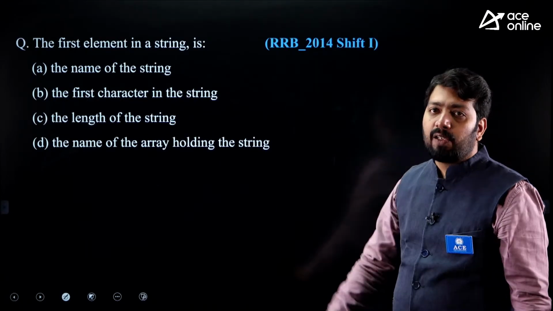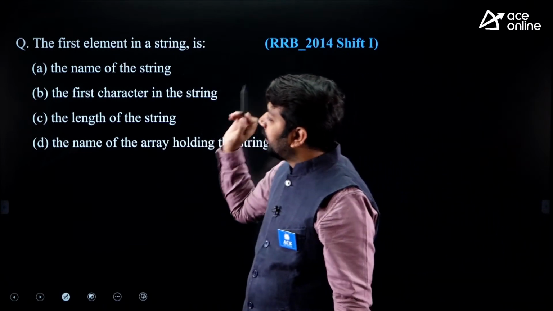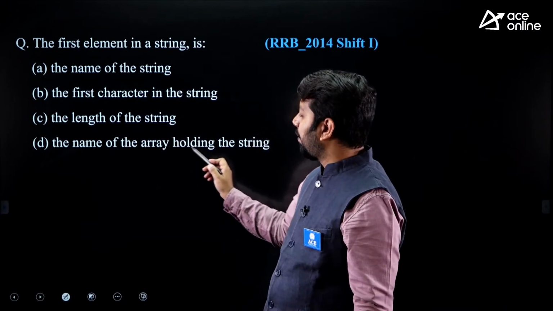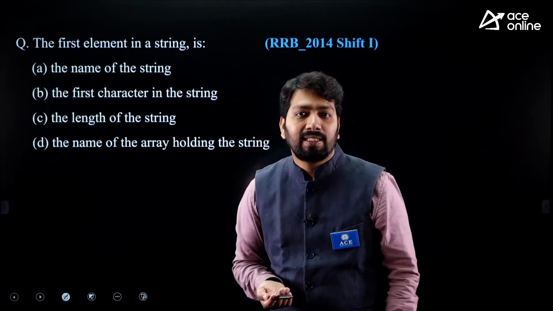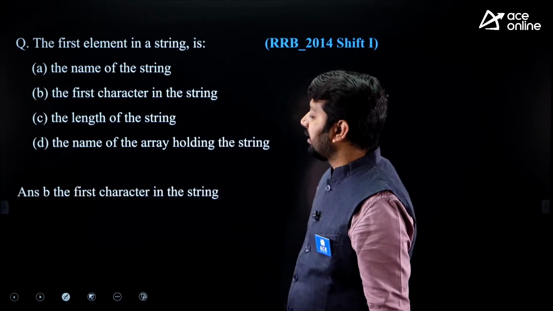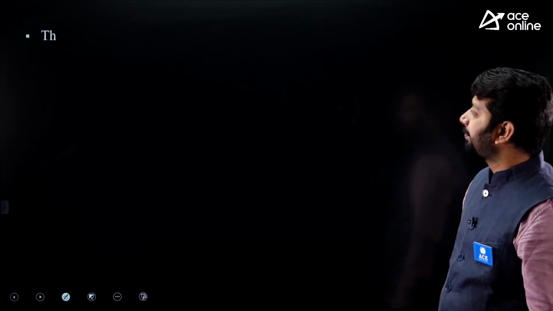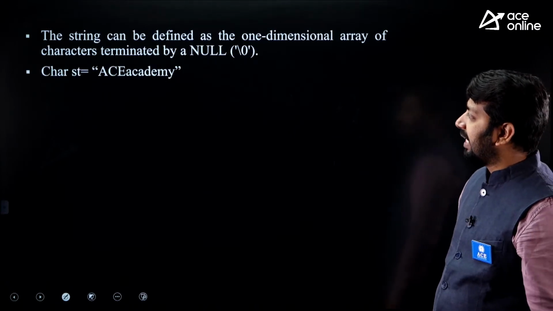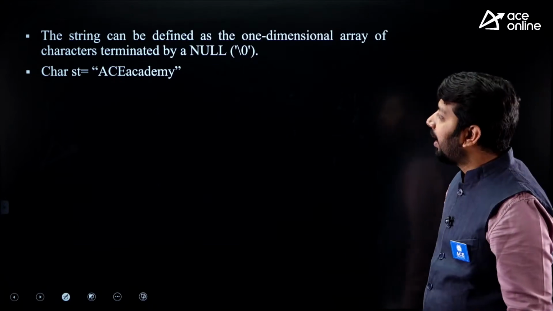The first element of the string is: the name of the string, the first character in the string, the length of the string, or the name of the array holding the string. What is the answer? That is the simplest question. Answer is the first character in the string. Fine. So string can be defined as a one-dimensional character array which is terminated by null.